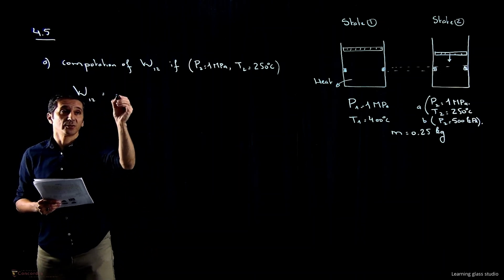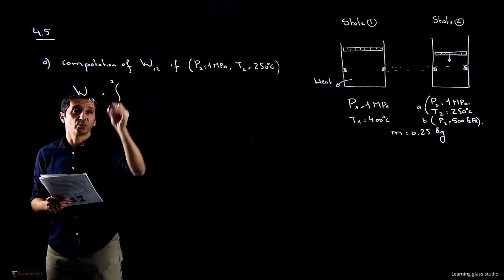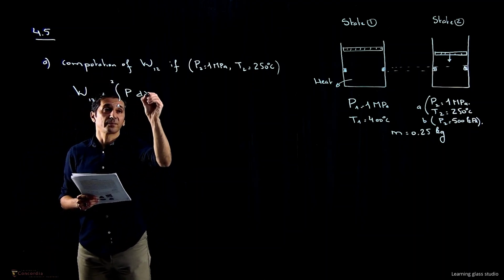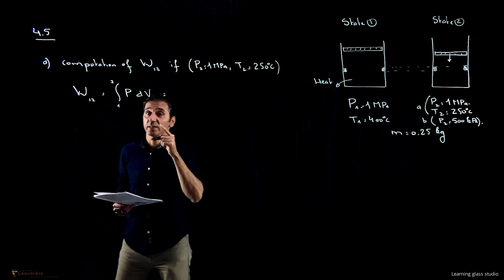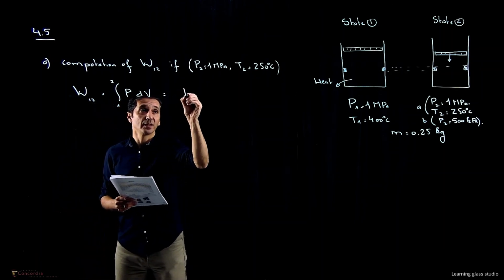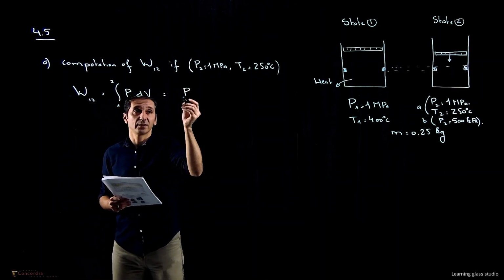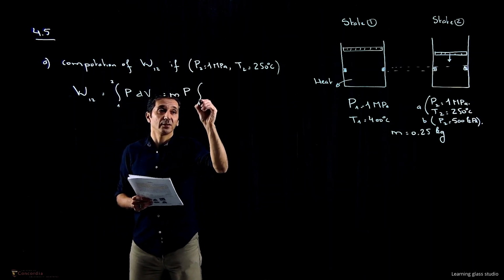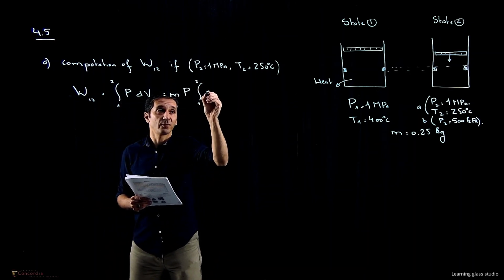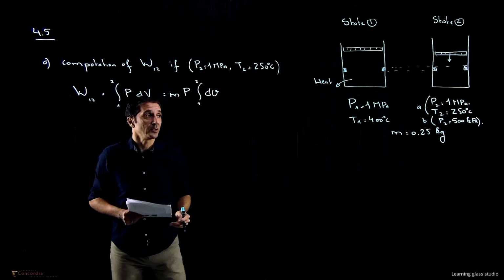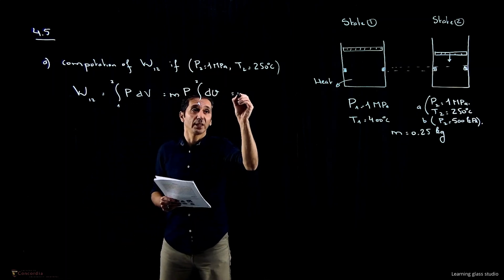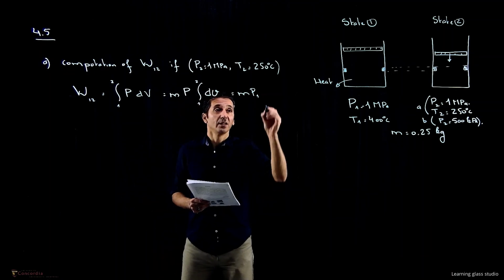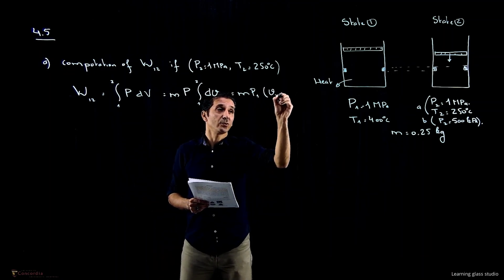The work W12 is equal to the integral from 1 to 2 of P dV. We said that the pressure remains constant. We like to write it in terms of specific volumes, so this will be the mass times the integral from 1 to 2 of d specific volume, which is equal to m P1, or P2, it's the same, times (V2 minus V1).